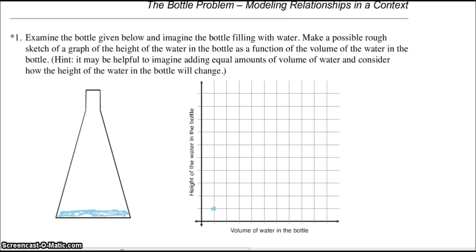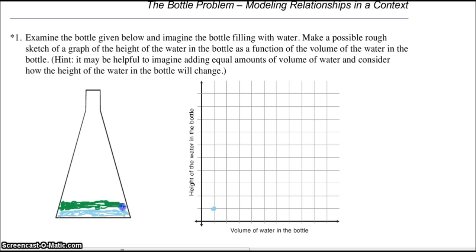Now if I add the same amount of volume, I'm going to use a different color for it. Notice how the bottle's skinnier. So if I put the same amount of volume that I put before, like the same thickness, I don't have as much length to go across, so this volume is going to be a little bit higher.